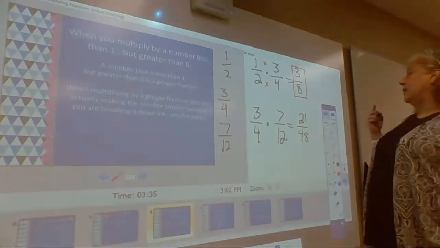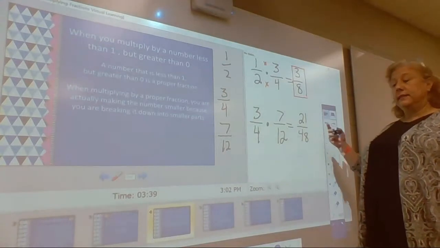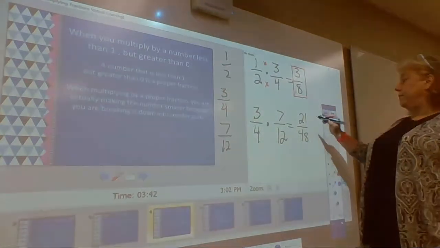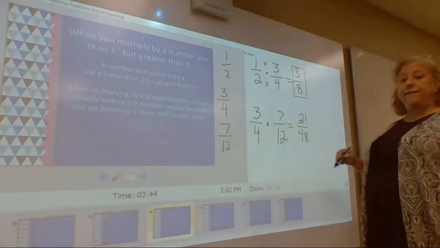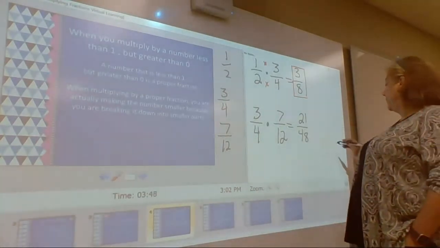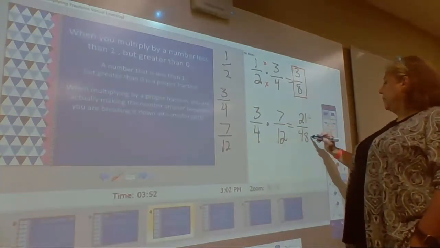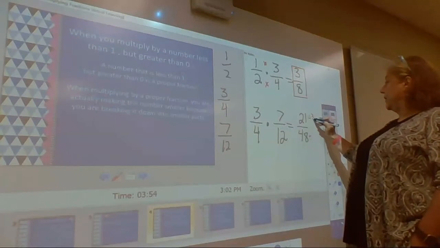And you'll look at this and you'll go, wait, this can be simplified, because both of these have a factor of 3. So I would divide both of them by 3.